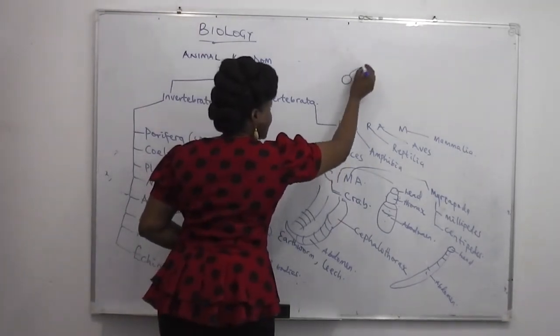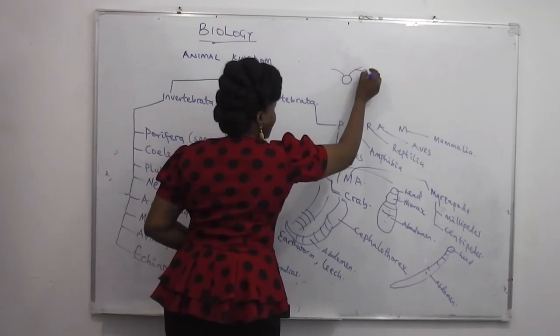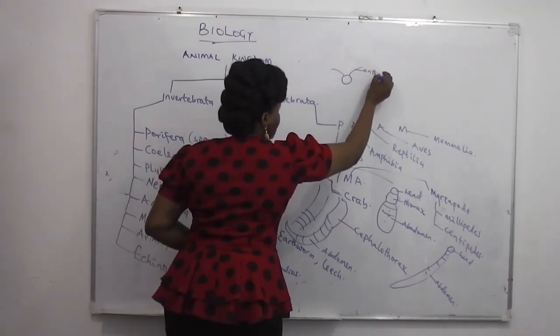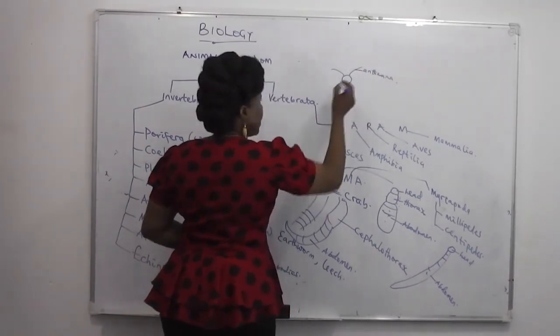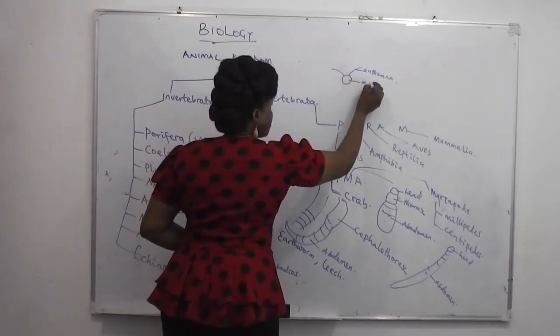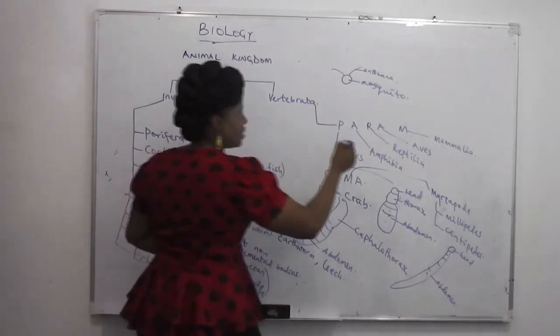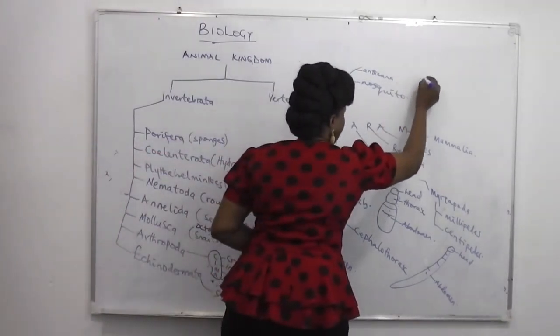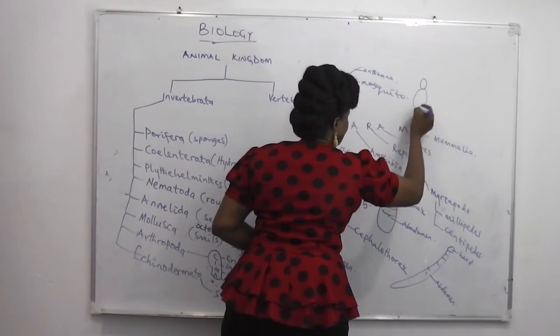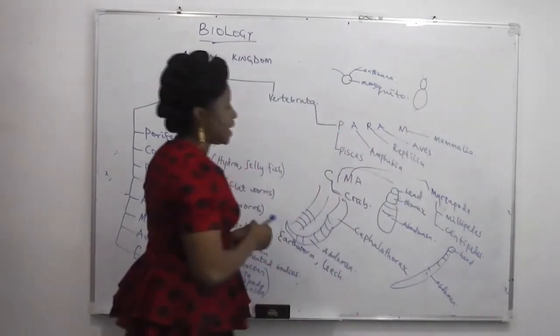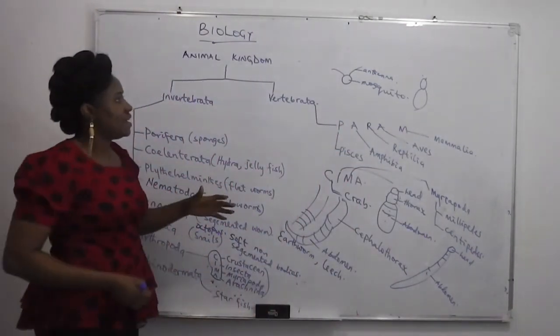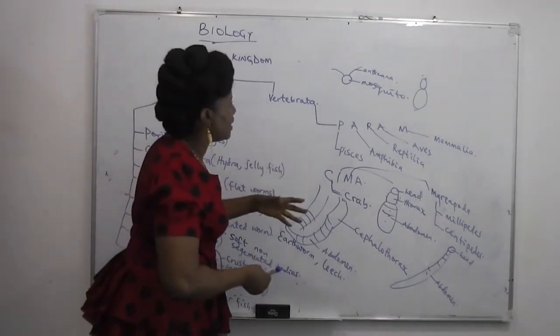This is an ant. This is what we call antenna. Now, example here, this is what? A mosquito, which is an insect. Then the other one is what? Spider, which is an arachnid. It doesn't have antenna.